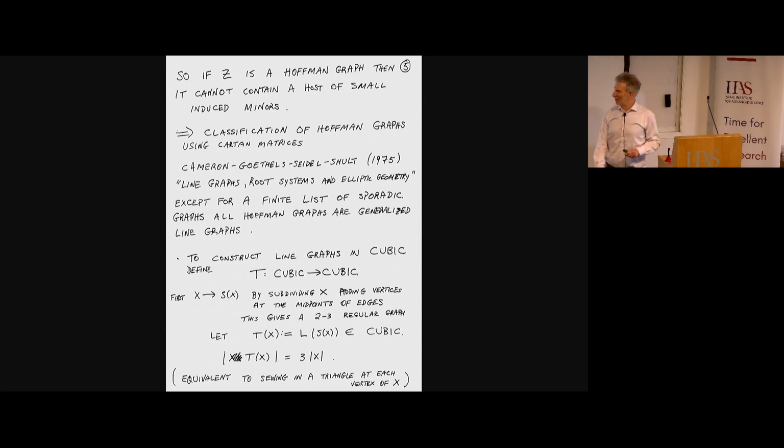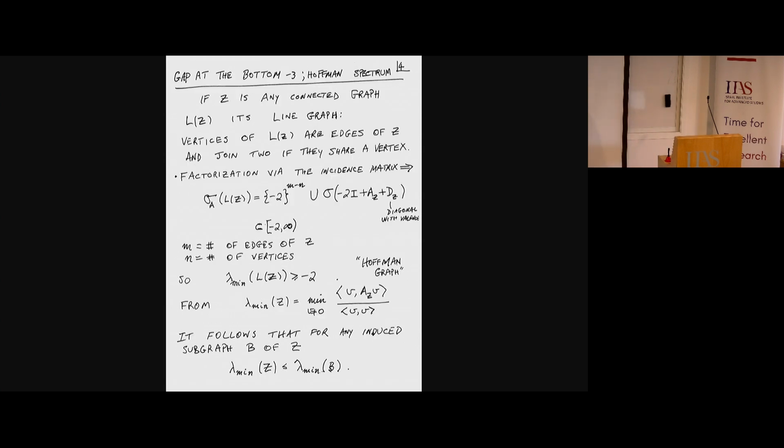And what they prove is they want to know graphs which have eigenvalues less than -2, and any line graph has this property, and they classify that if this property is true, then you must come from a line graph or a cocktail party graph, some generalization of that, or some finite number of sporadic examples which exist in E8 as a subset coming from a Cartan matrix interpretation with this number 2.